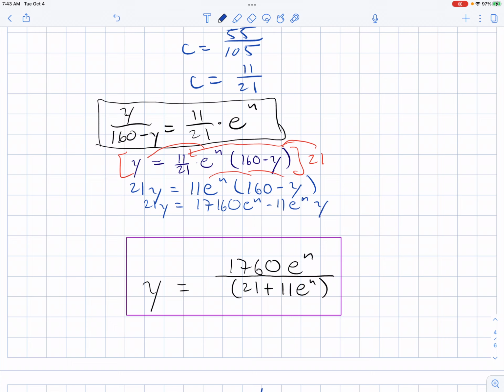And then when you move the y term to the left side, you can factor, and I'm just telling you that step because I'm running out of space. But it's not a bad step to write if you have the space. So I am just going to actually write, when you factor the y out, you get y times 21 minus 11 e to the n y.